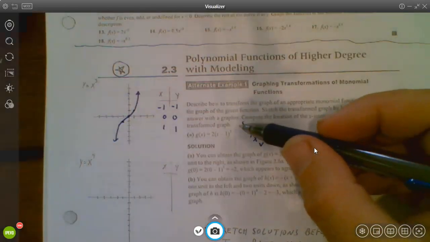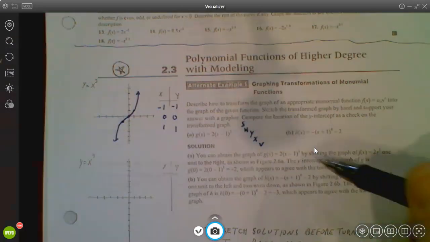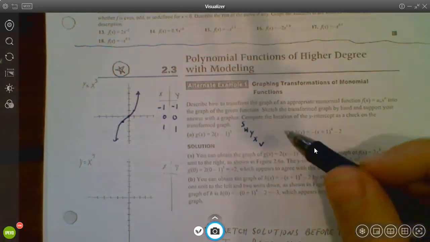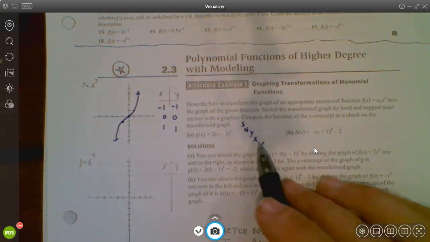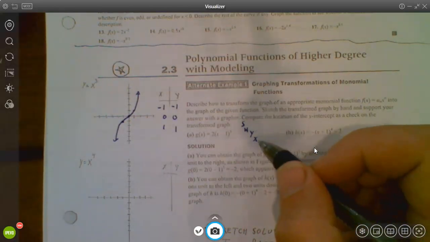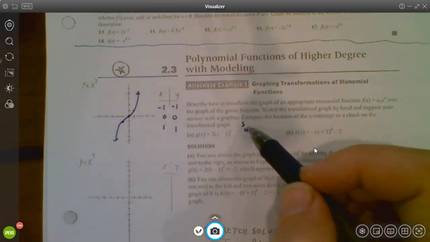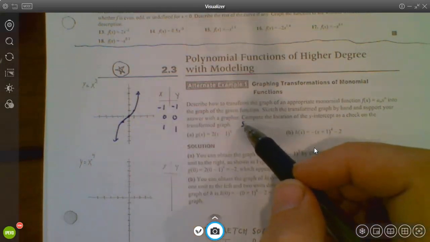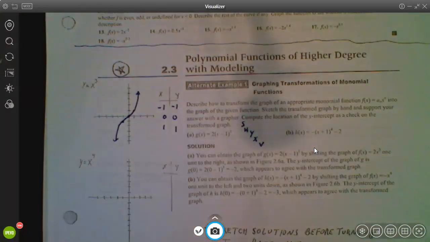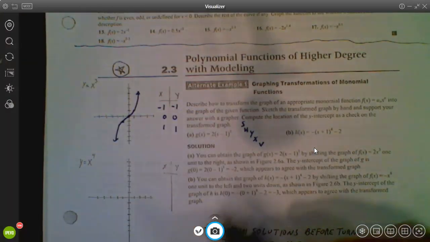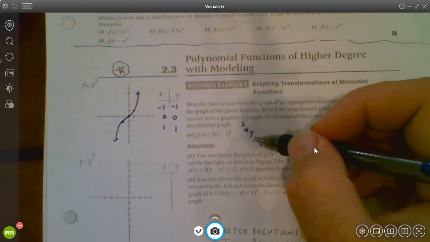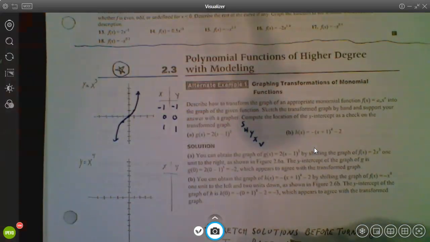So our stretch and shrink goes first, and then we would do the horizontal shift. Now in this case, the horizontal shift affects us to the left and to the right. A vertical stretch only affects the y values, so really the order wouldn't matter for this because one affects the y's and the other affects the x's. So we're just going to do them both at the same time.